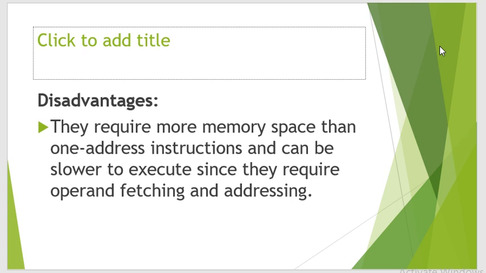So fetching is nothing but holding the address of the next instruction. The program counter holds the address of the next instruction to be fetched. While running the program, the first instruction is executed, then the program counter holds another instruction.